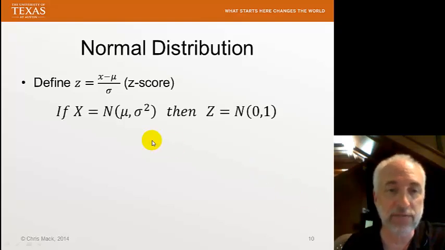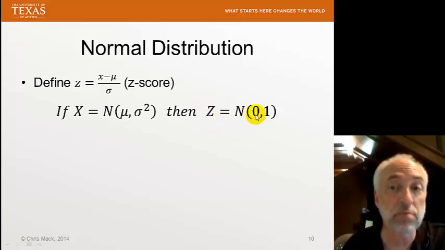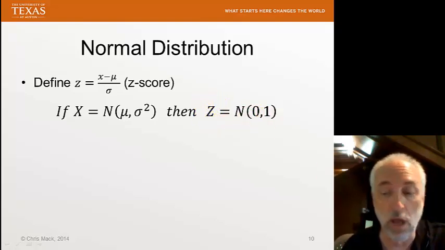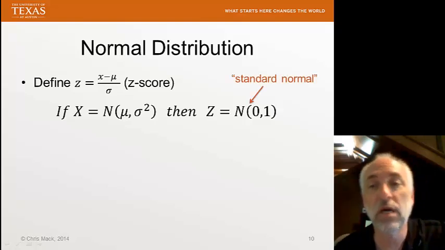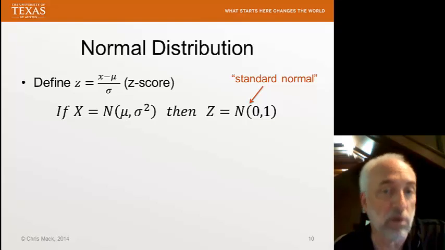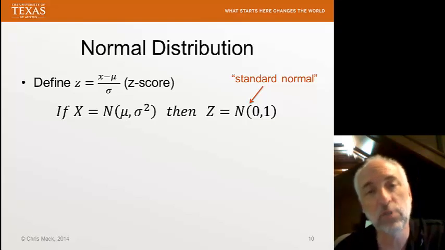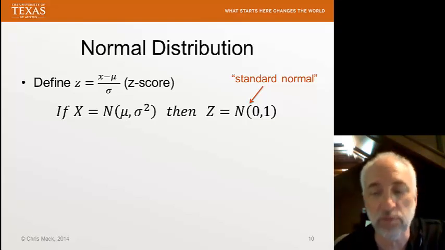If x is normally distributed with a mean mu and a variance sigma squared, then z will also be a random variable that is normally distributed, but with a mean of 0 and a variance of 1. We call this a standard normal. And it's often very convenient to take whatever variable we have that's normally distributed and convert it to a z-score, a standard normal distribution.